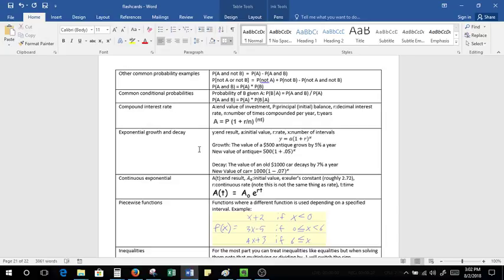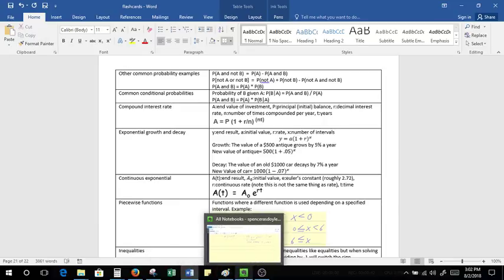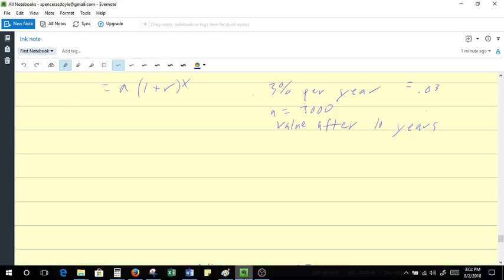That's where these are all derived from. But we have exponential growth and decay, which is this formula here, we have compound interest, and we have continuous exponential. So let's take a look at some examples of these.